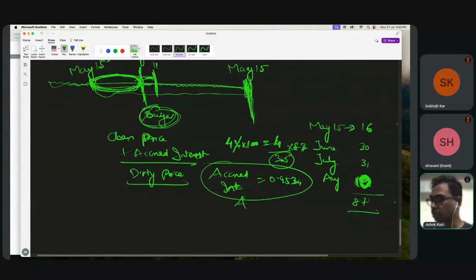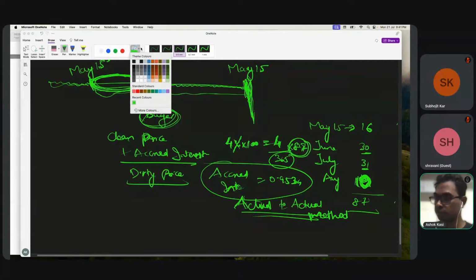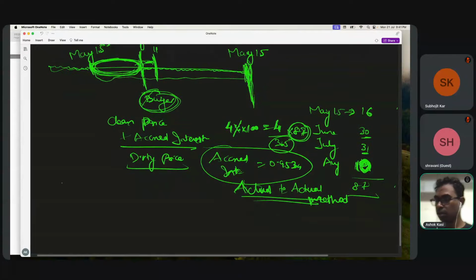That means the actual number of days in a year and the actual number of days in each month.